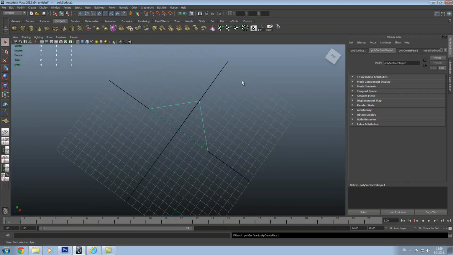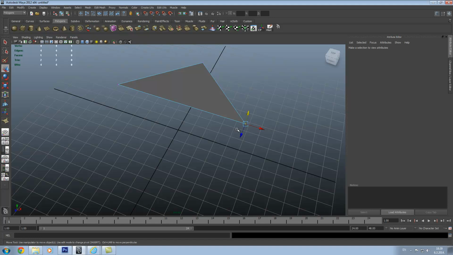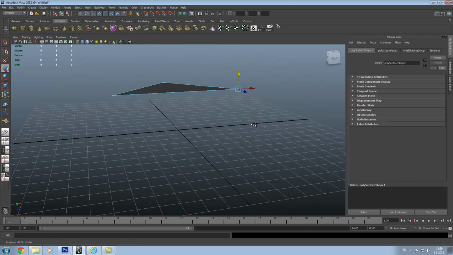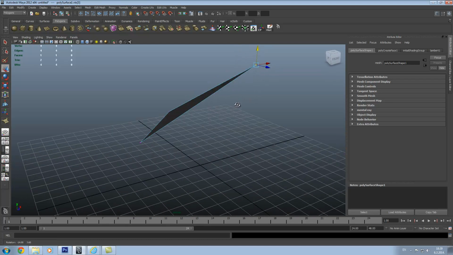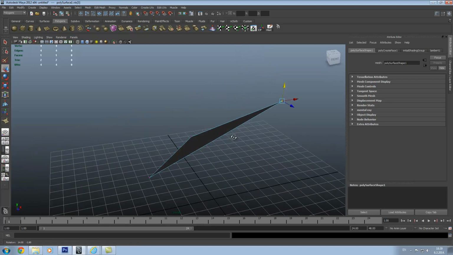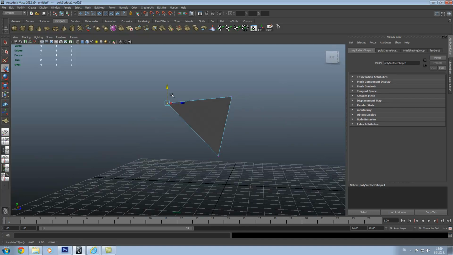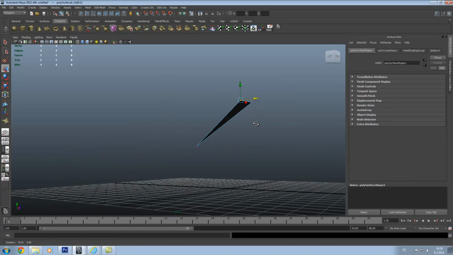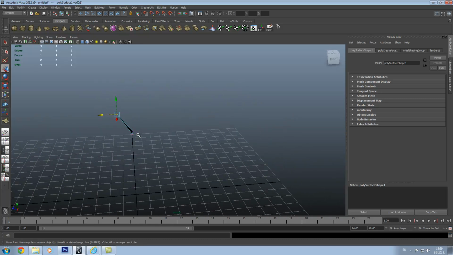Let me put it in the shading mode. Right now you have a triangle here, and no matter how you rearrange this triangle, all of the points are always lying on the same plane. You see? They're always on the same plane.